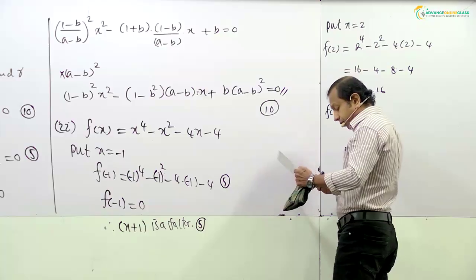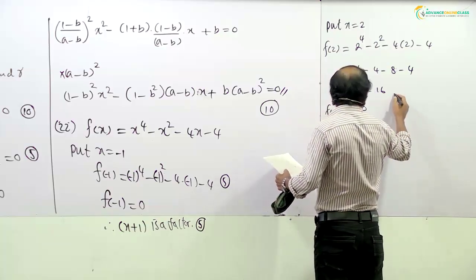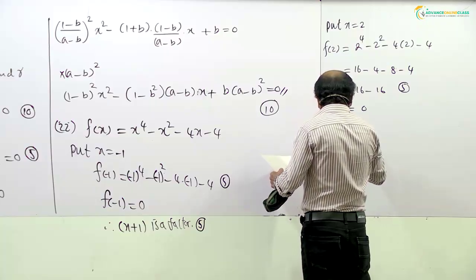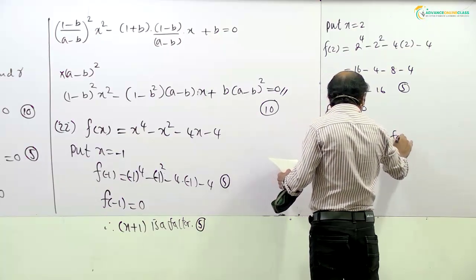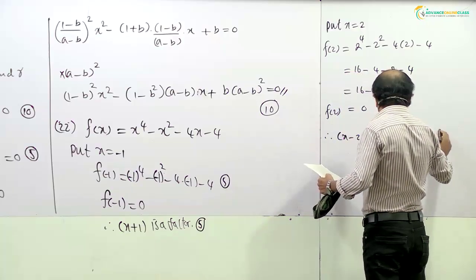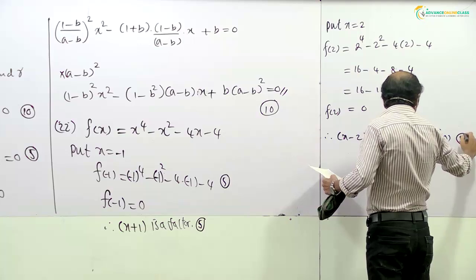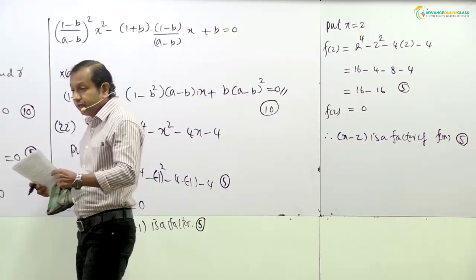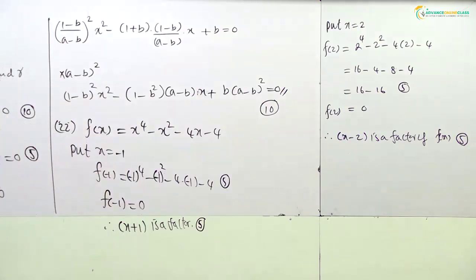F(2) also we get 0. 5 marks for this. And therefore, x minus 2 is a factor of f(x). Another 5 marks come in. Okay. Then we found 2 factors. Paper number 10 we are discussing.